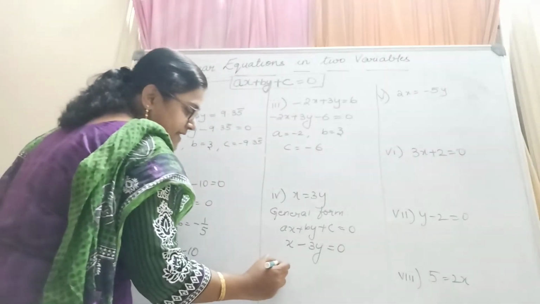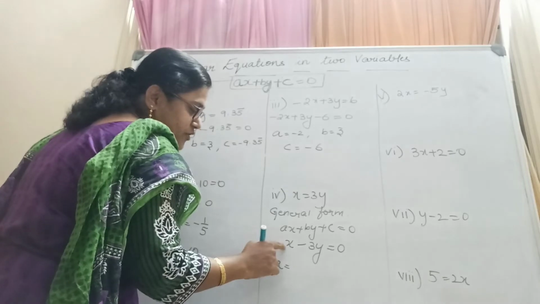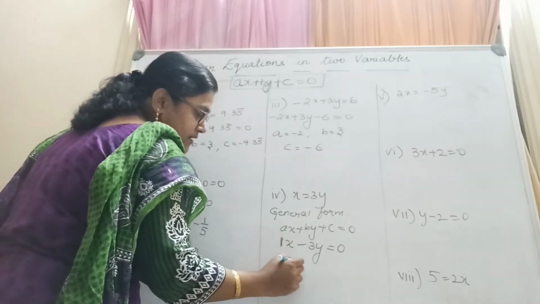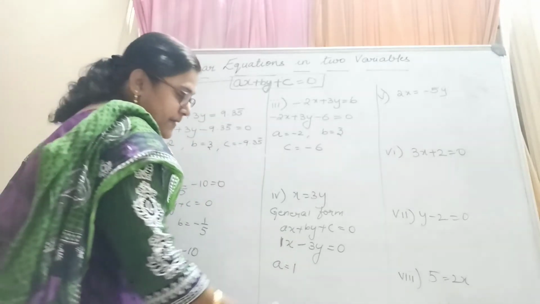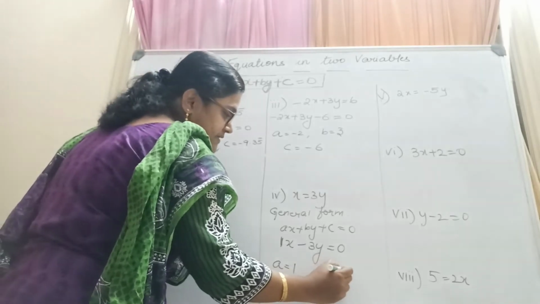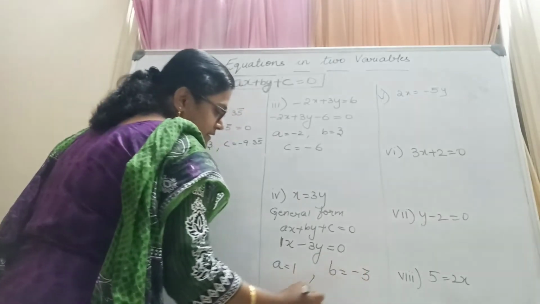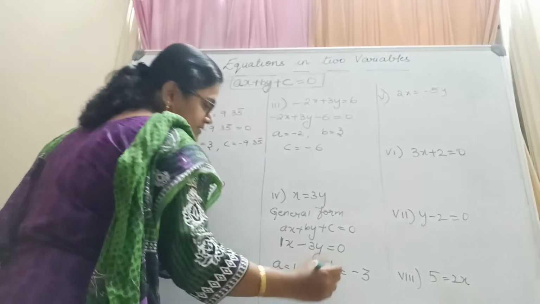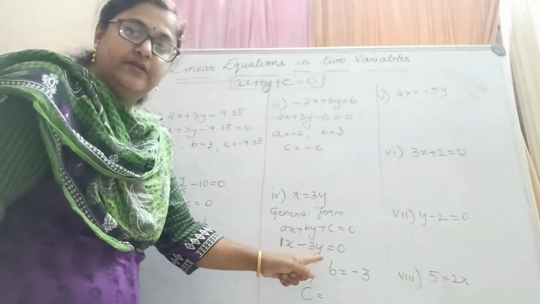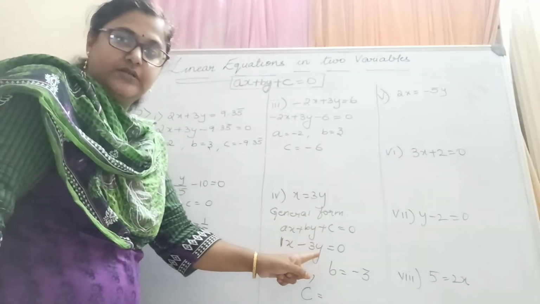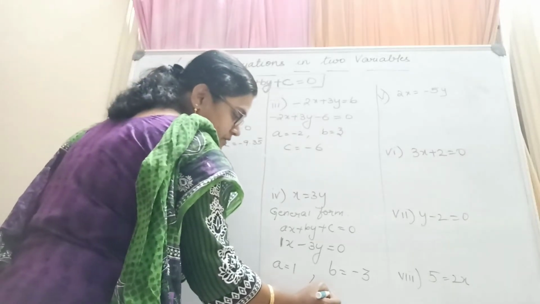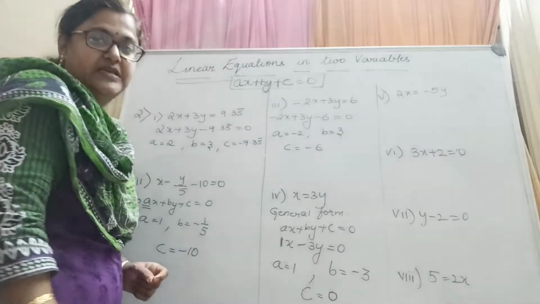Now what is a in this? The coefficient of x here is 1. So a is 1. Then b is minus 3. The next is c, that is a constant term. Do we have a constant term here? We don't have a constant term here. So it means that the constant term is 0. c is 0.